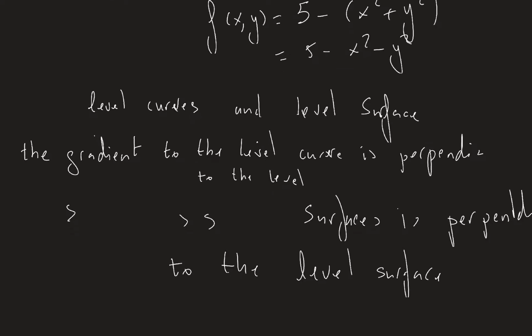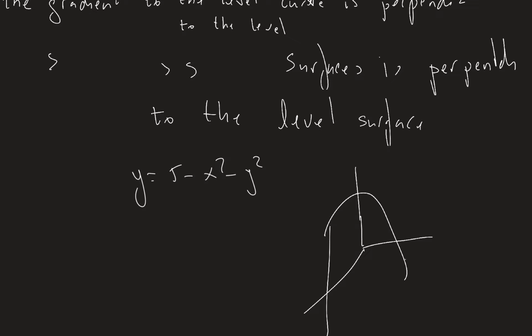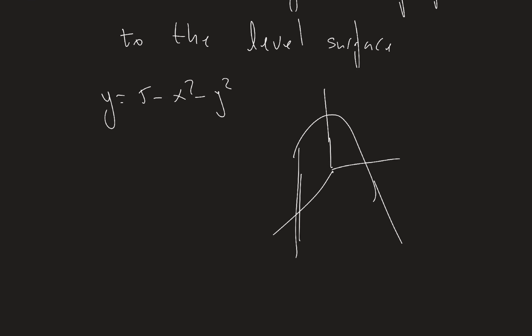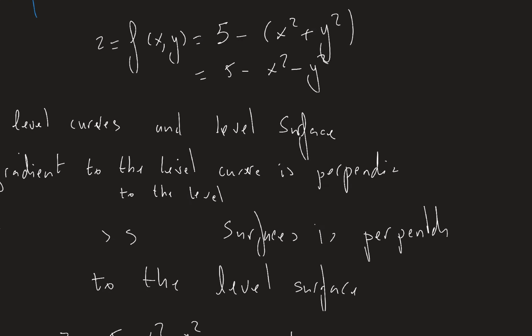What will this be? We have this function, theta equal 5 minus x squared minus y squared. It's an inverted paraboloid. Sorry, it's not y, it's theta equal 5 minus x squared minus y squared, f of xy with this theta.